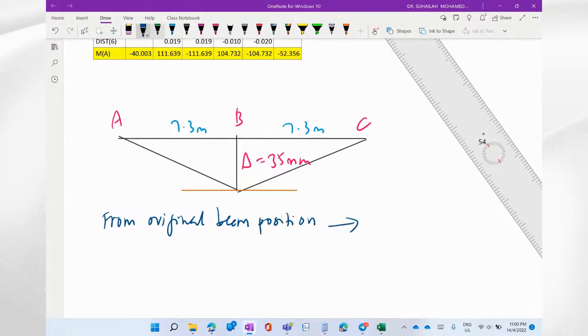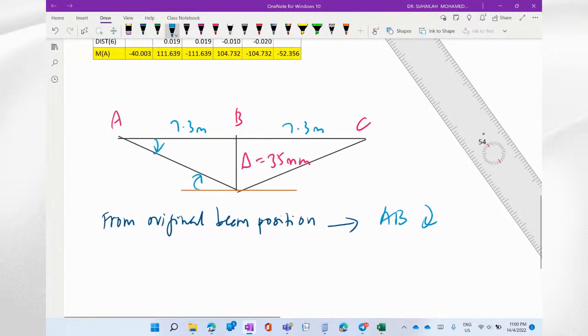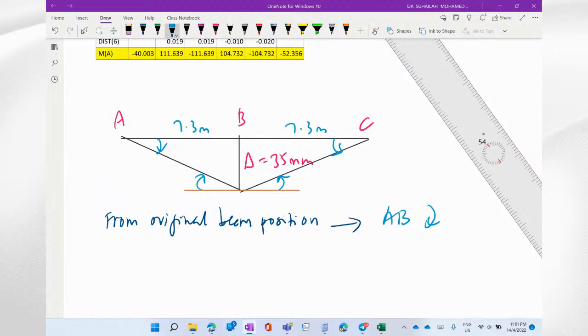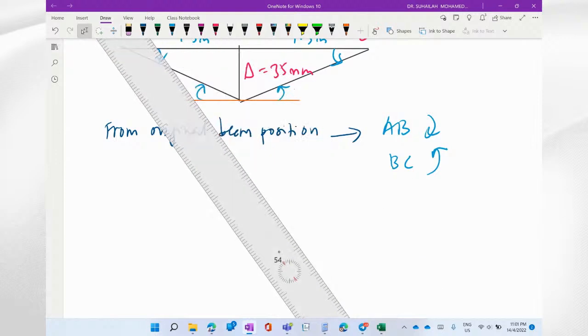Okay, from the original beam position, for AB it is clockwise. What about BC? BC is counterclockwise.